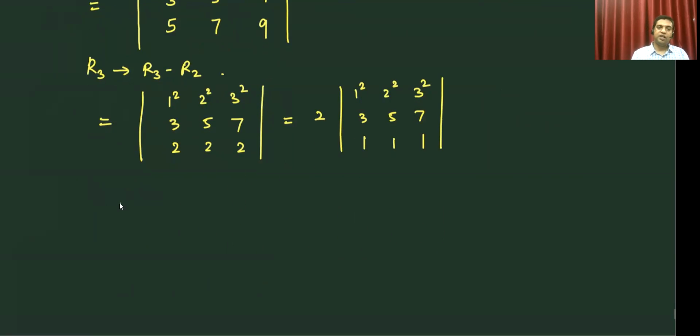Okay, now you can expand directly, that is better, about the last column. 1 times, omit the row and the column containing the first element.